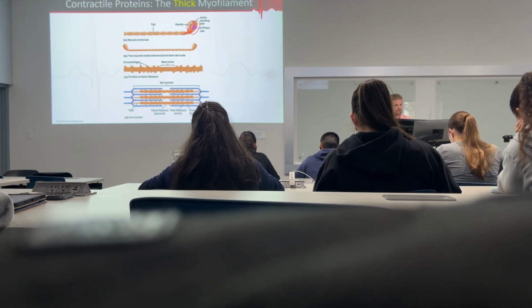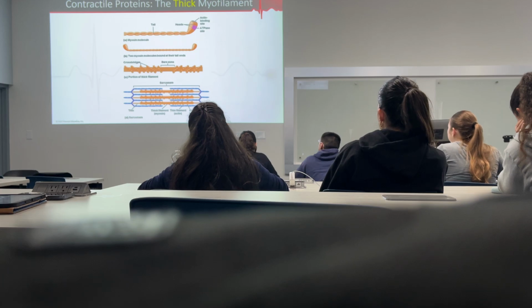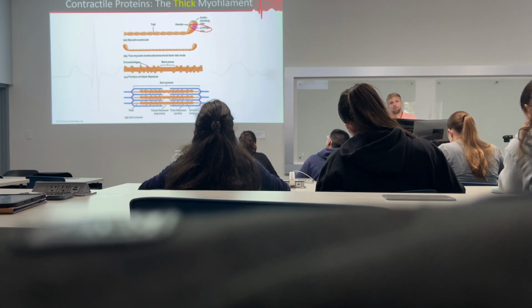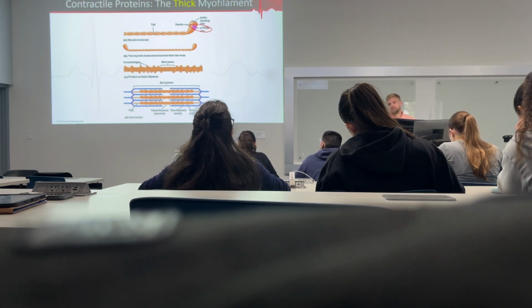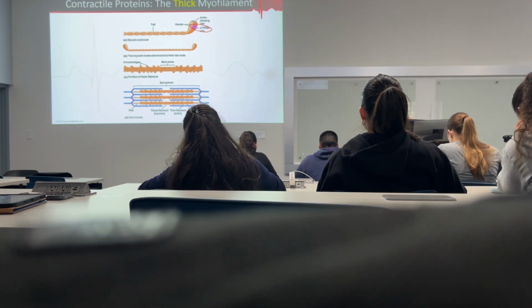And each head has a site on it that's called an ATPase site. That's actually an enzyme that breaks down ATP. And then there's another site on each head called the actin binding site.